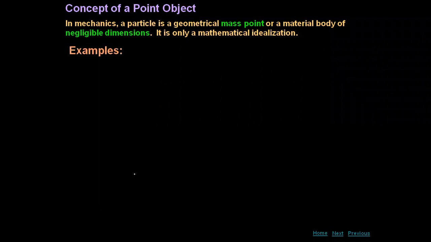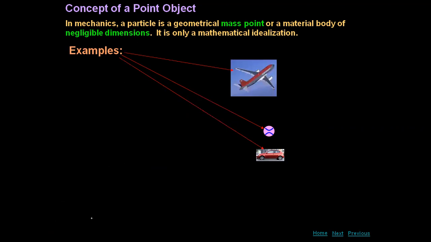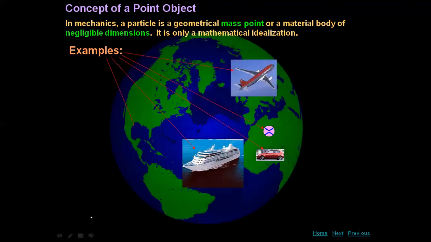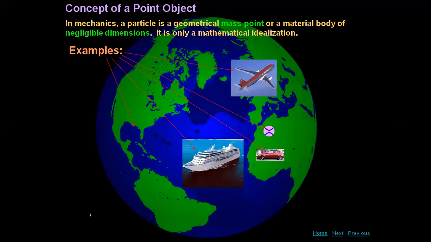Point object example: we can take a ball as the point object, even a car, and the airplane and the ship traveling a long distance, and the earth. When we compare the size of the object with the distance covered by it, when the size is very, very less than the distance covered by the object in motion, then we consider that object as the point object.